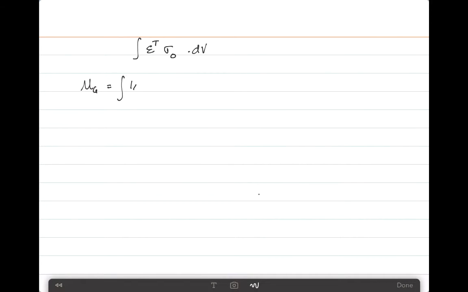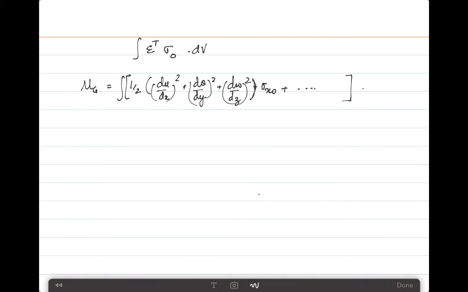I will just compress it over here: du dx square plus dv dy square plus dw dz square times the stress acting along x naught. Then I will have similar terms with stress acting along y naught and so on, and also with the shear stresses. All this needs to be multiplied with the dV because it's being integrated over the entire volume.